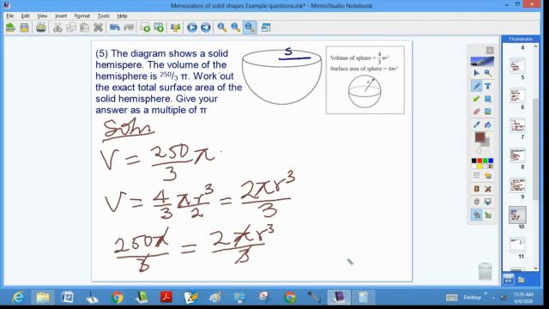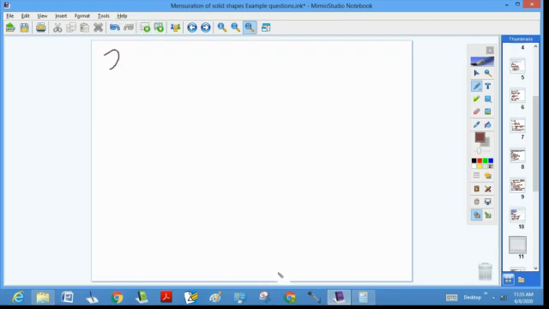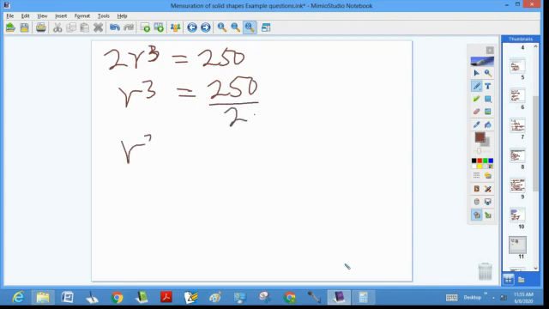So we now have 2 r cube is equal to 250. That means r cube is equal to 250 divided by 2, which is 125. So r is equal to the cube root of 125, and that will give us exactly 5.